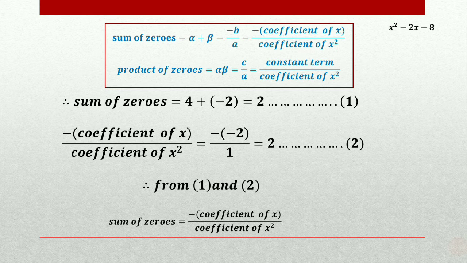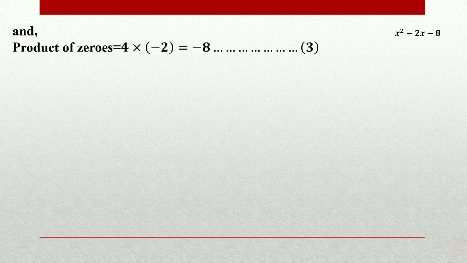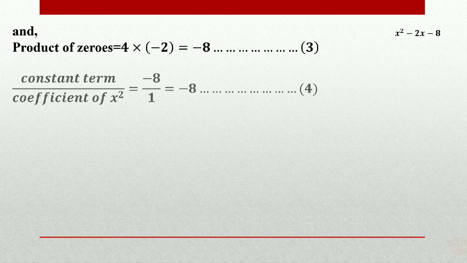Therefore from 1 and 2 we can say that sum of zeros is equal to minus of coefficient of x upon coefficient of x square, and product of zeros is equal to 4 multiplied by minus 2, which is equal to minus 8. Give it as equation number 3. And constant term upon coefficient of x square is equal to minus 8 upon 1.